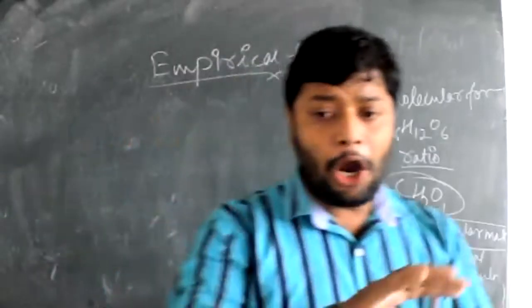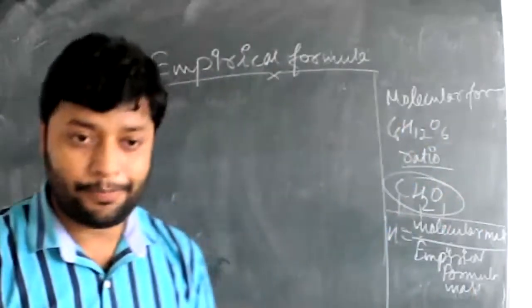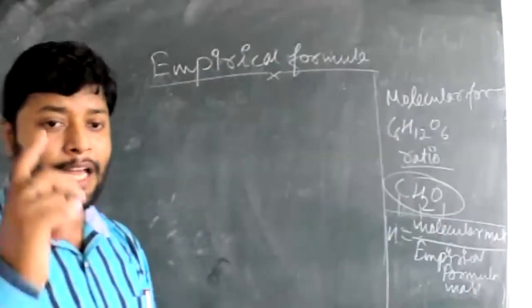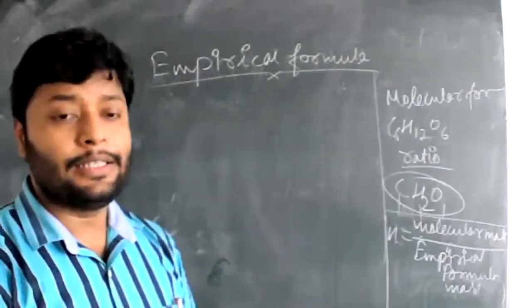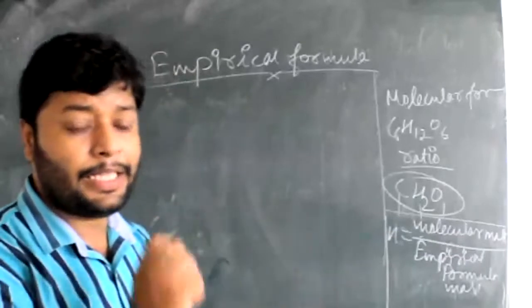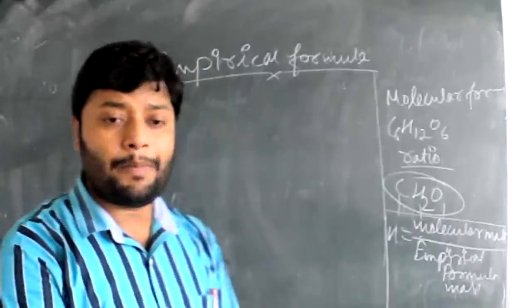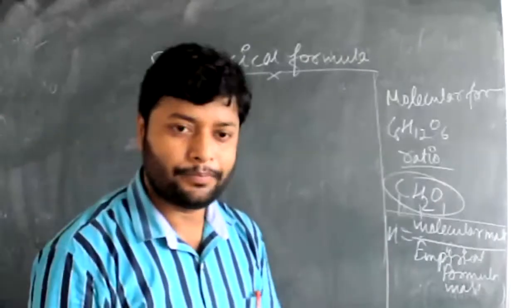But all these concepts can only be understood with the help of examples. So let's discuss how the empirical formula can be calculated, and with its help, how we can calculate a molecular formula.